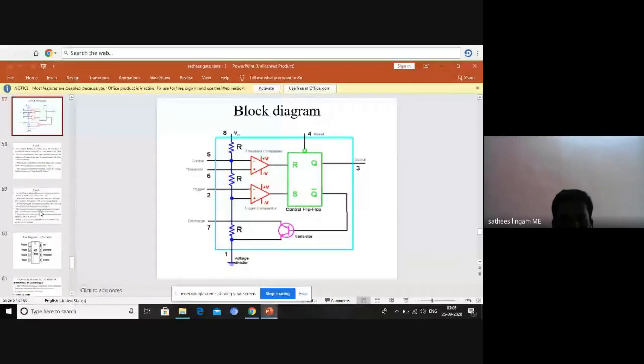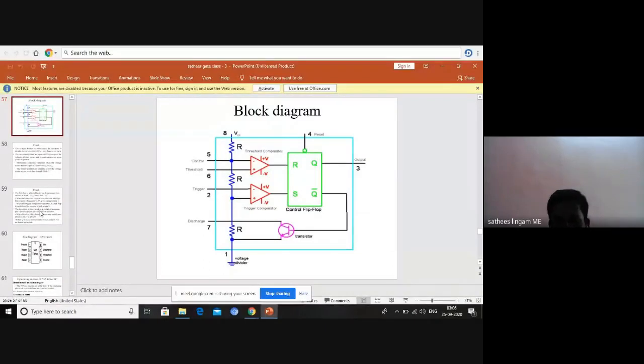The output of the transistor, the collector, is connected to pin number 7, which is named discharge. Pin number 1 is connected to the voltage divider, because resistor 1, resistor 2 act as a voltage divider bias.